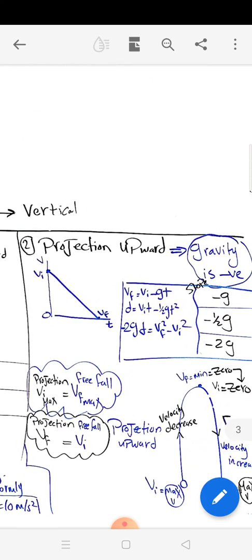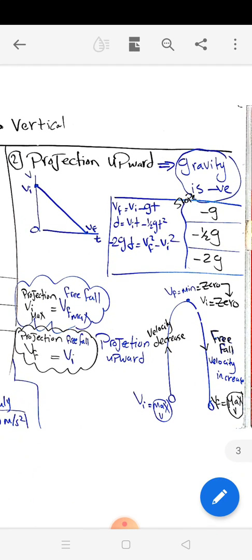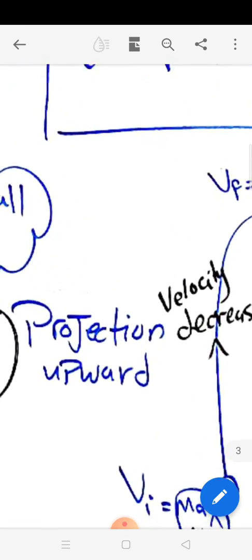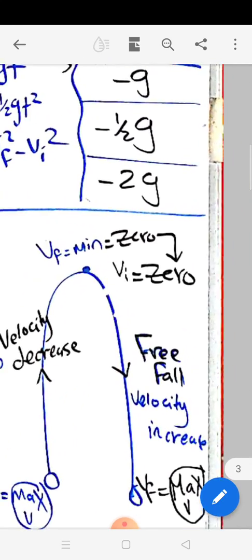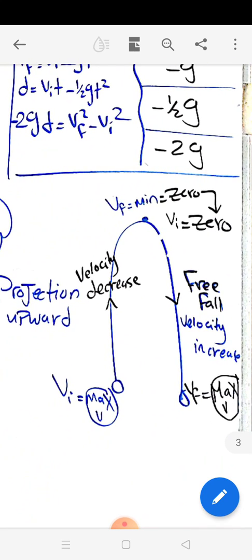For projection upward, you have to imagine a ball or an object being projected upward from this position, and then the same object will free fall, or fall again, after projection.